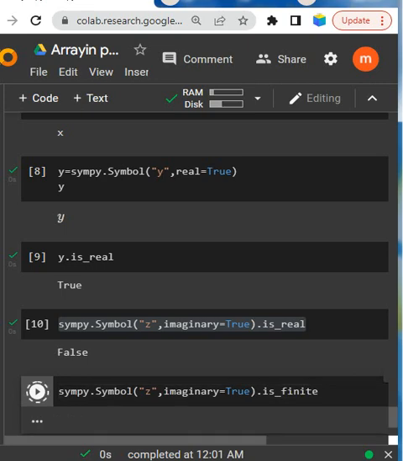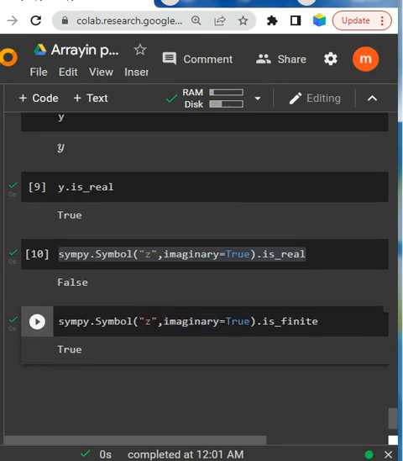The symbol represents a finite quantity, yes, it is true.